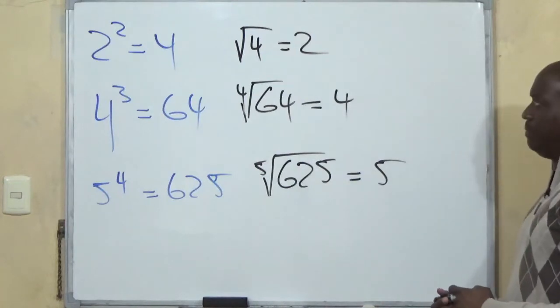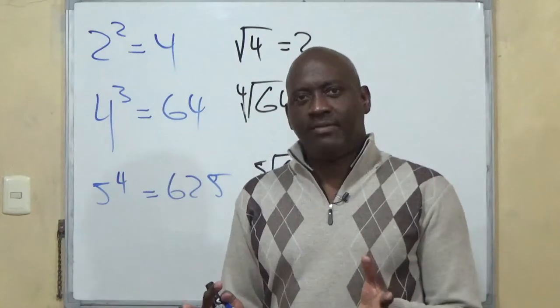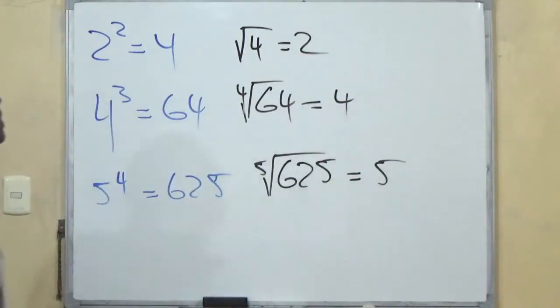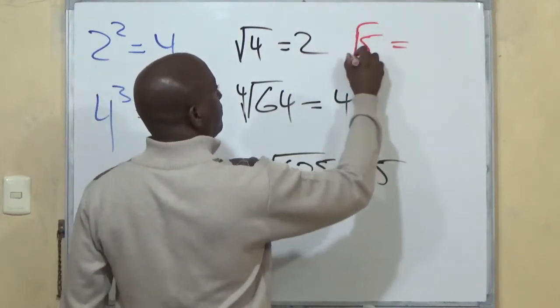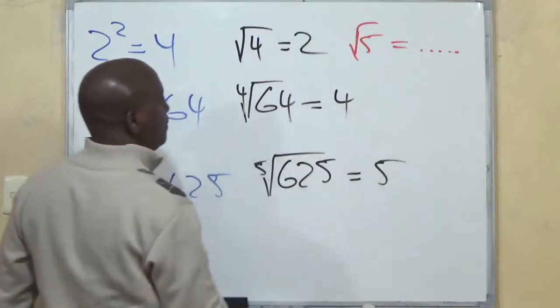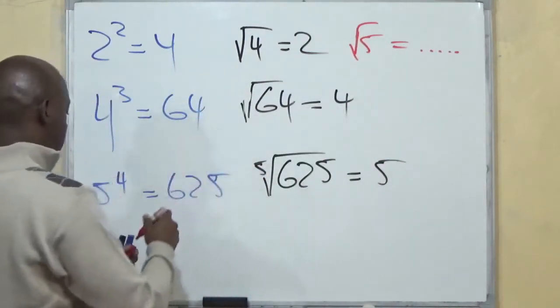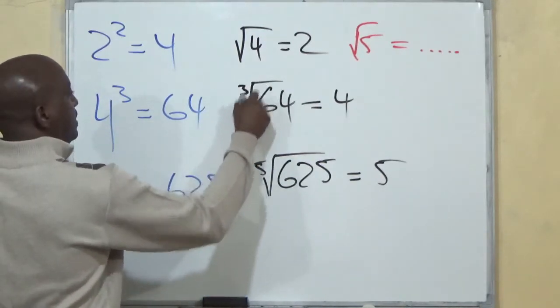Now, if we go to make life a little more interesting, if I say, what is the square root of 5? What is it? It's supposed to be a 3 here, not a 4. Mistake.